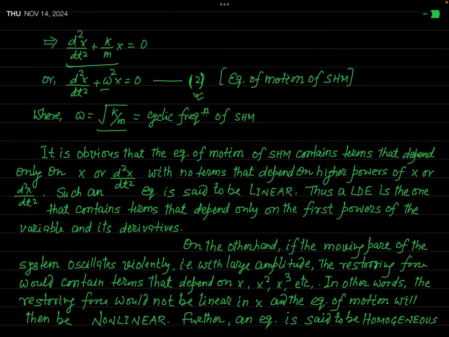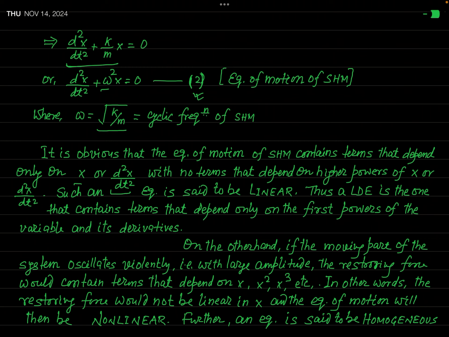If you observe this equation 2 carefully, you can see that there are two terms contained here, two variables, that is x and d2x by dt square. x is an independent variable and d2x by dt square is acceleration, which will also be variable.